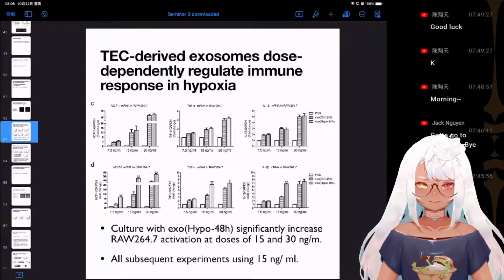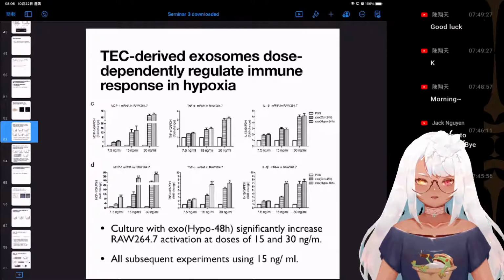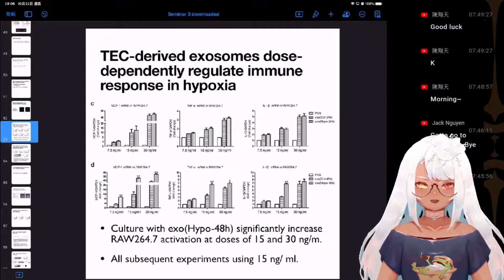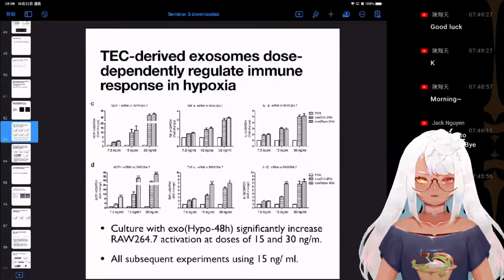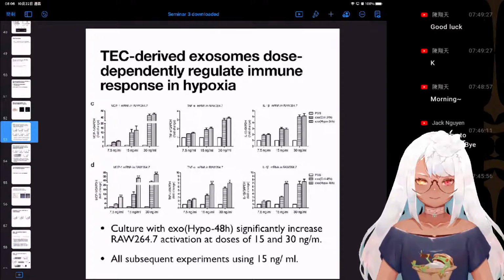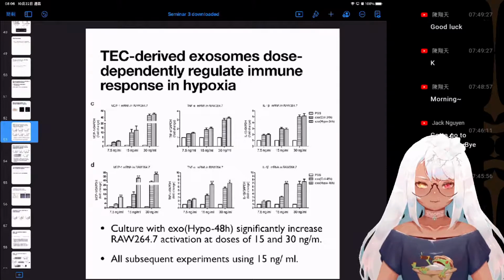However, at 24 hours, comparing the control and the hypoxia group, there is no significant change in this marker expression.